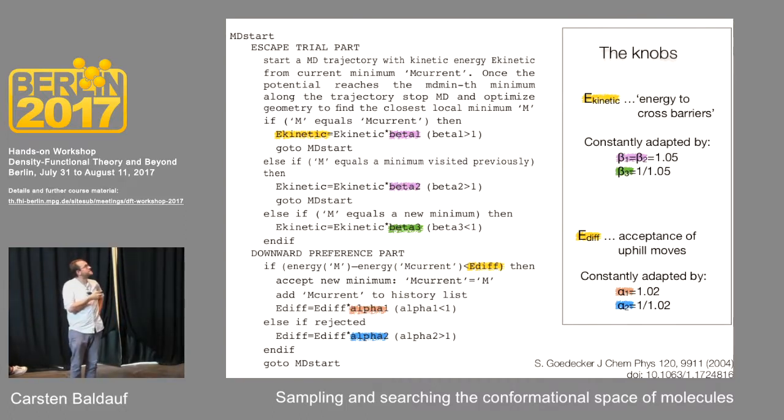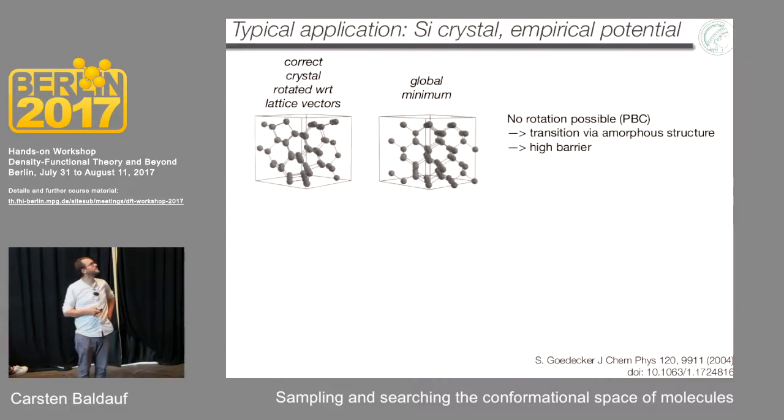You constantly adapt this energy over the progress of your simulation in order to ensure a certain convergence at some point. Or if it gets stuck, to make more wild moves, leaving certain areas of the structure space. And you can also constantly adapt the energy difference for the acceptance. So for example, maybe accepting uphill moves. This can be applied to many things.